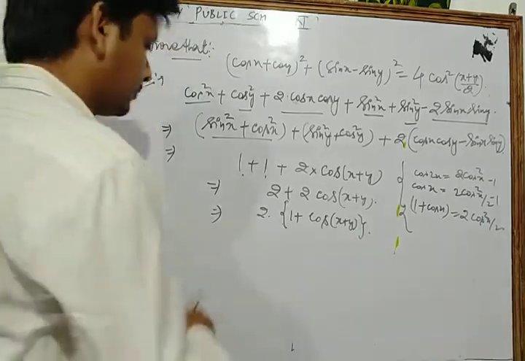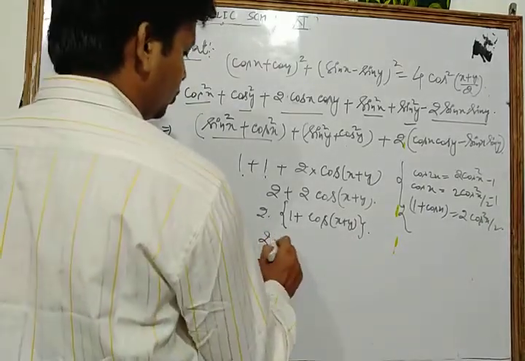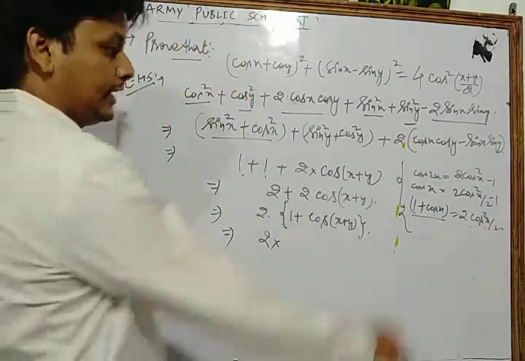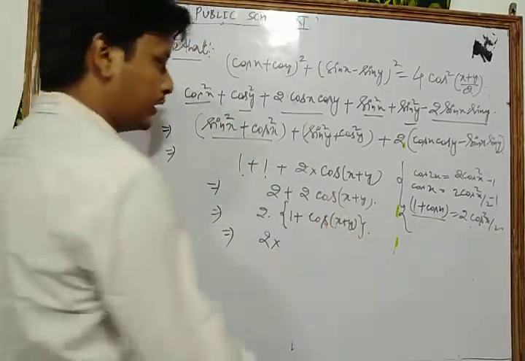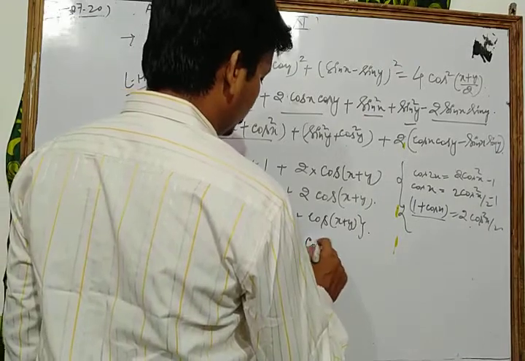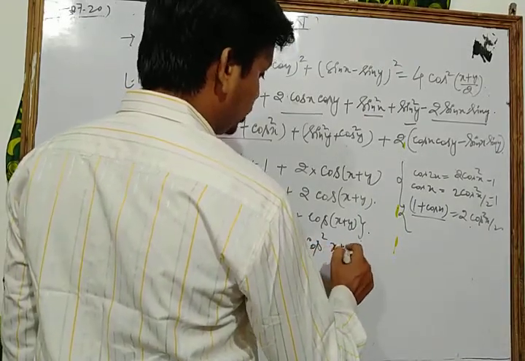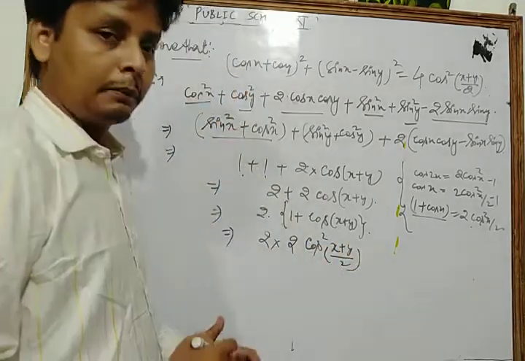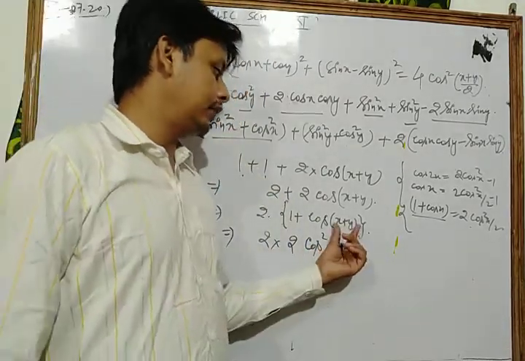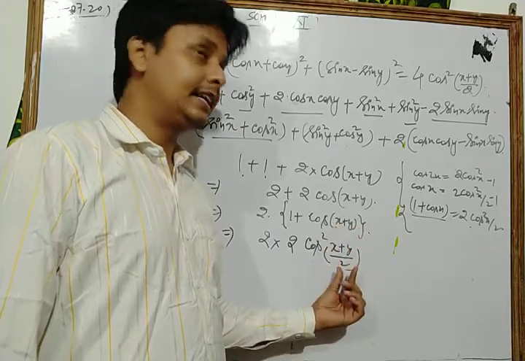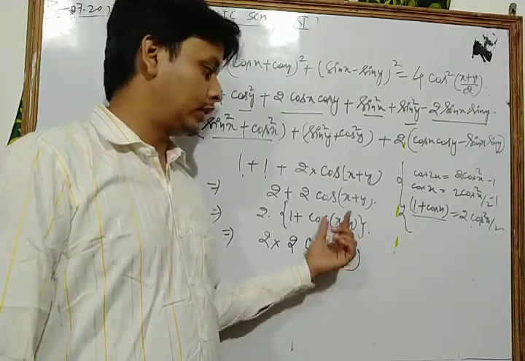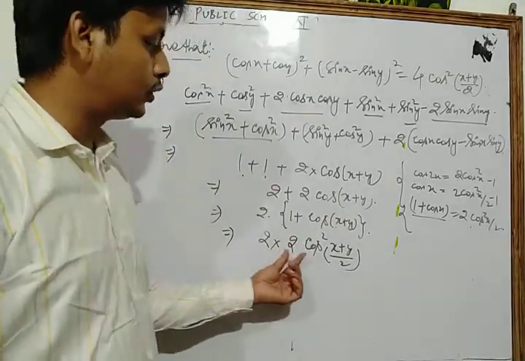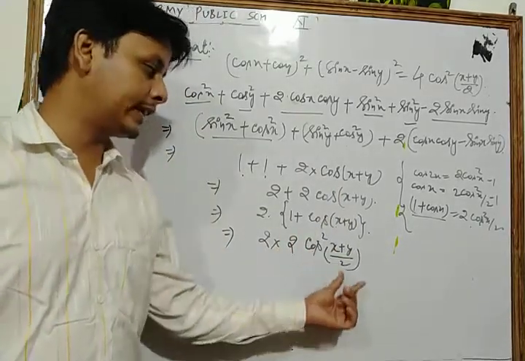Now we get 2 into, we write 1 plus cos x as 2 cos square x by 2, and here x is x plus y. So we write 2 cos square of x plus y by 2, because here the value of x is x plus y. In this way we get 2 times cos square x plus y by 2.